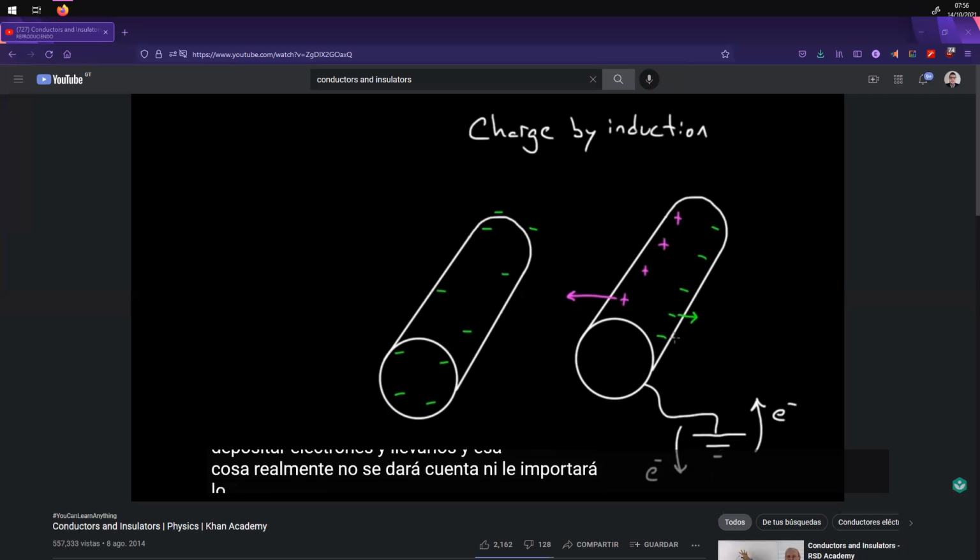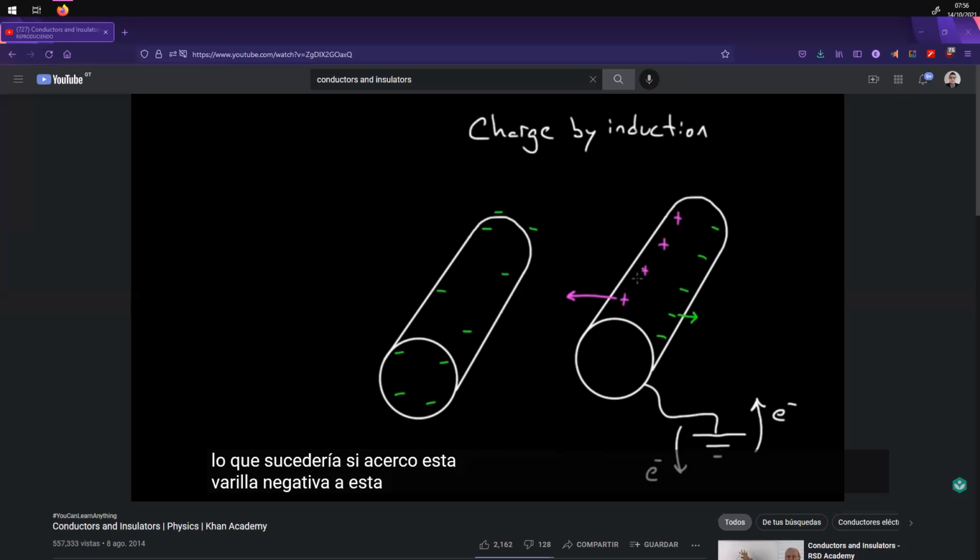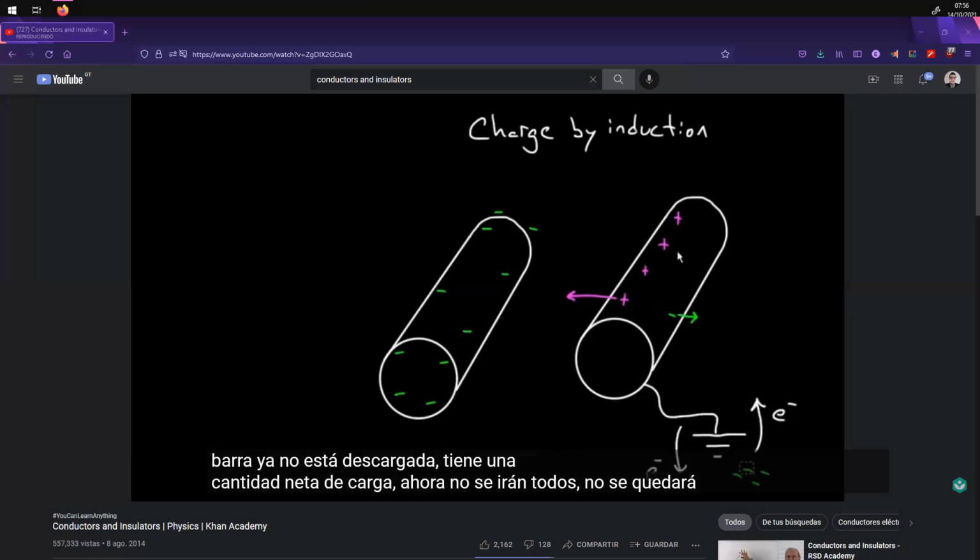Now what would happen if I bring this negative rod close to this rod that originally had no net charge? Now, instead of just going to the other side, they say, hey, I could just leave. Let me get the heck out of here. A whole bunch of negatives will start leaving, and what happens is that your rod is no longer uncharged. It has a net amount of charge now. They won't all leave; you're not going to be left with no electrons in here.